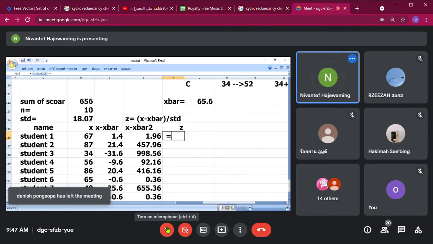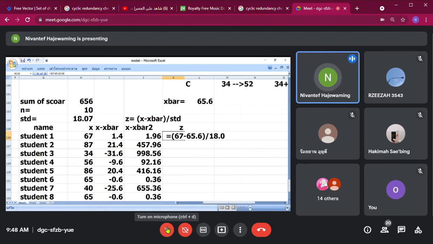And like this. You must get a bracket. If you do not get a bracket, it's wrong. This is x1, 67 minus this one, 65.6, divided by standard deviation 18.07.